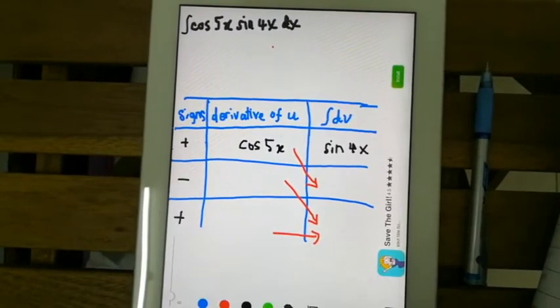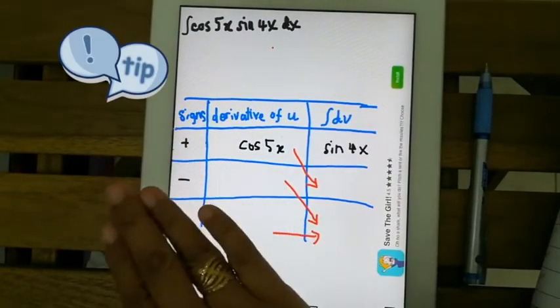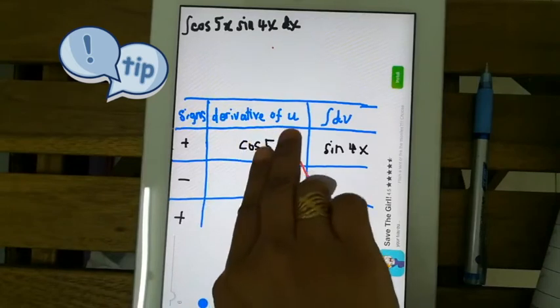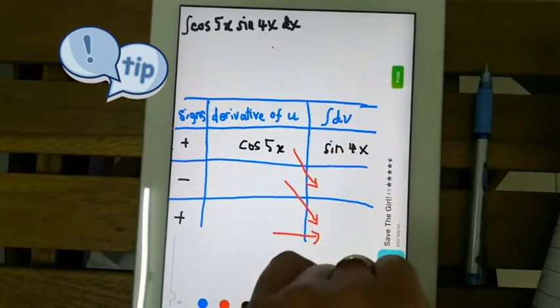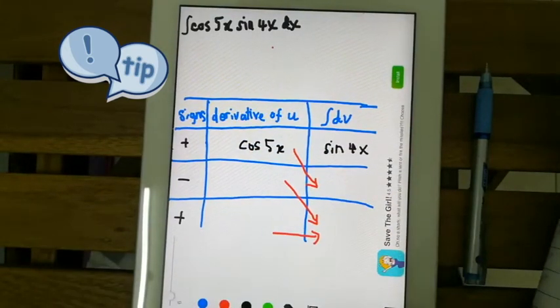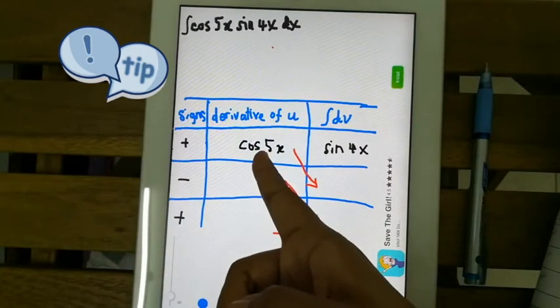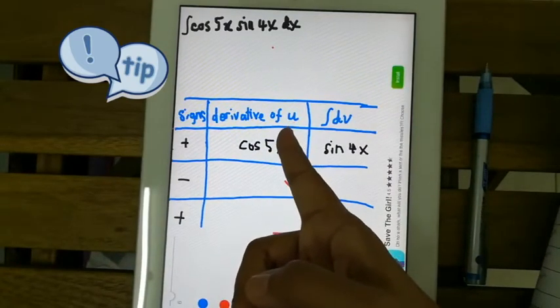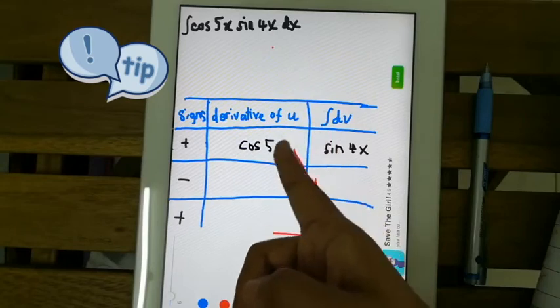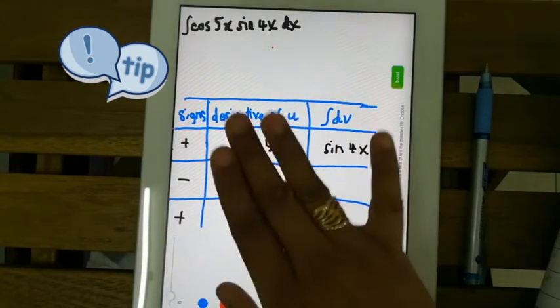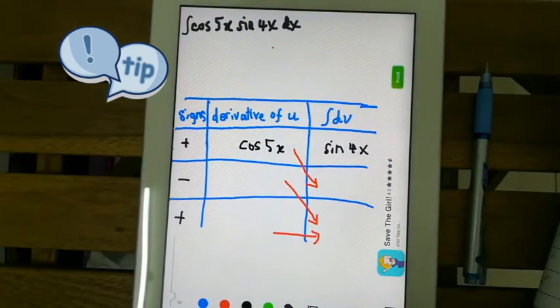In this kind of example, it is up to you to pick which one to be the u and which one to be the dv. So you can pick sine 4x to be u, and the dv will be cos 5x, because both are trigonometry functions.